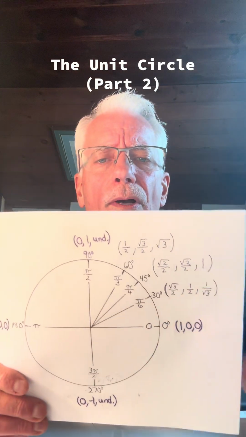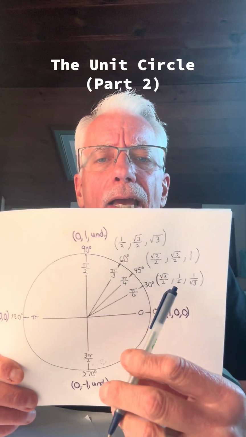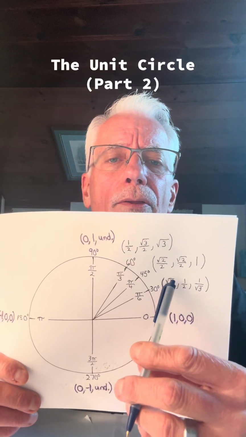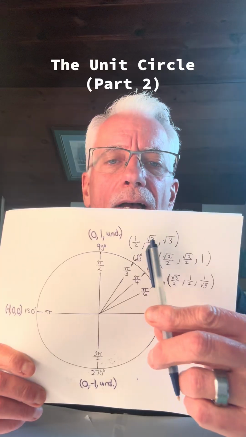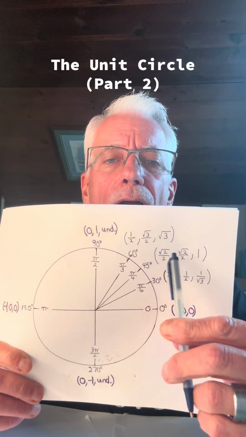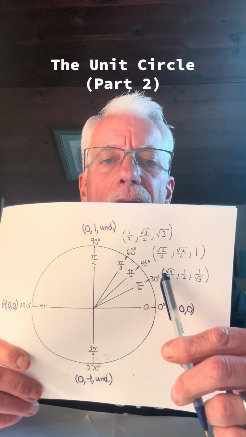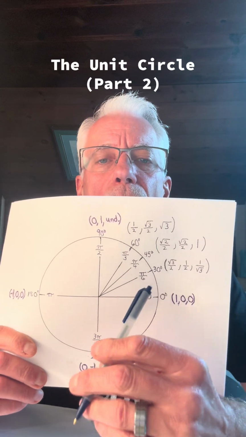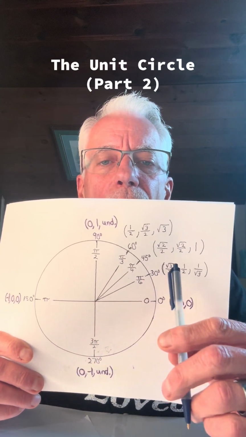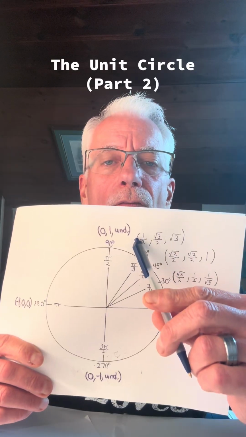So remember, as we go away from the x-axis, cosine goes 3, 2, 1. Remember, these are all cosine, sine, tangent. C comes before S, comes before T. So cosine goes root 3 over 2, root 2 over 2, 1 over 2.